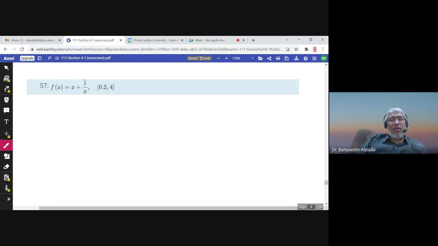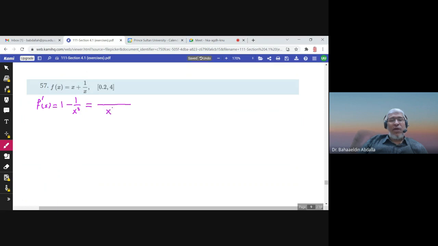Well, the domain here is all real numbers except 0, but 0 is not in this interval. So f prime of x would be 1 minus 1 over x squared.